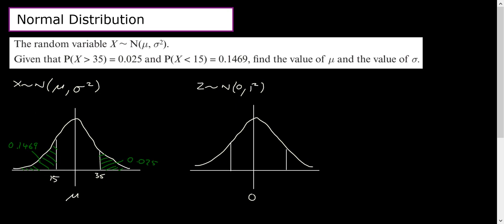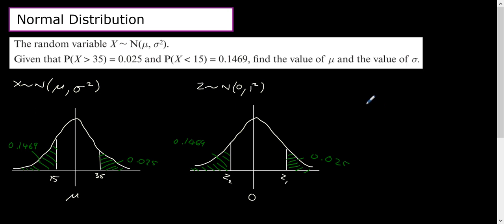So the probability over here to the left, 0.1469, the probability over here to the right, 0.025. I'm going to call this Z1, and I'm going to call this Z2. Doesn't really matter which way around it is. But we can actually work out what Z1 and Z2 are using the inverse normal calculation.